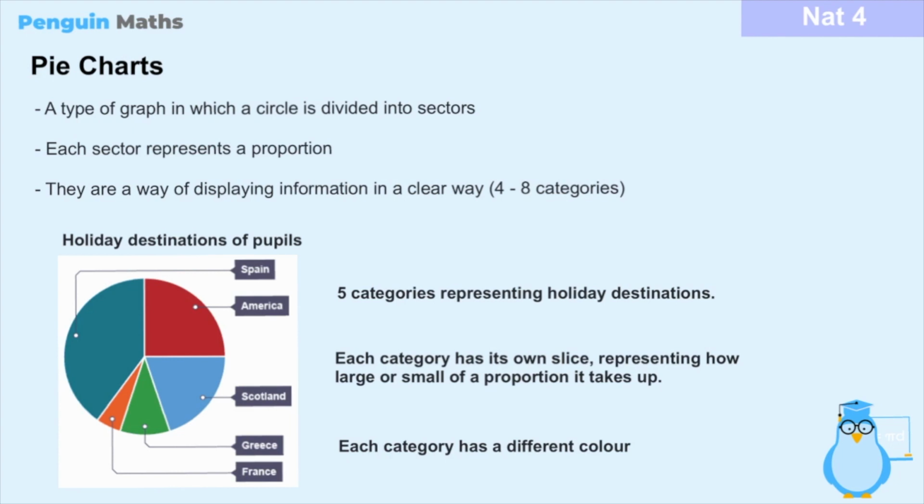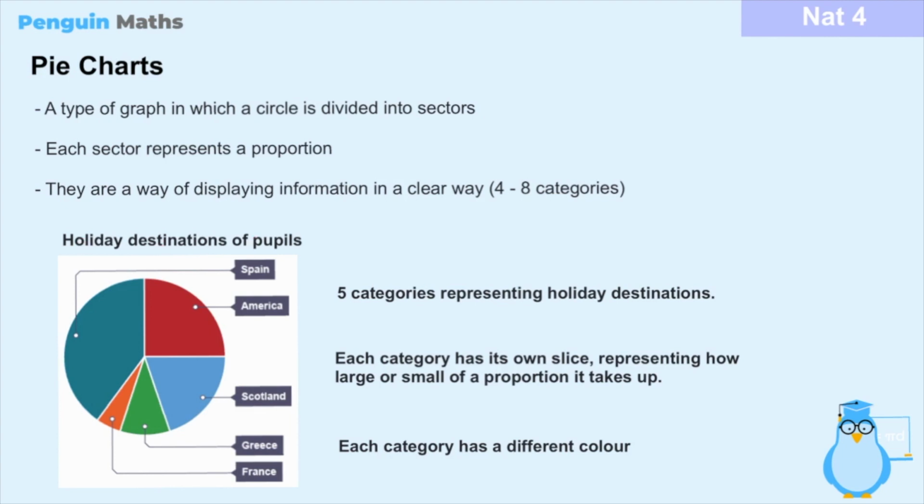That means that in a pie chart, these slices don't represent numbers, but in fact the proportion, or you can think of it as a percentage of the overall pie. For example, we can see here that Spain has the largest slice of the pie chart, so that would mean that Spain is the most popular holiday destination out of the pupils. But we can see here that France has the smallest slice, so that would mean that it's the least popular holiday destination out of the pupils.